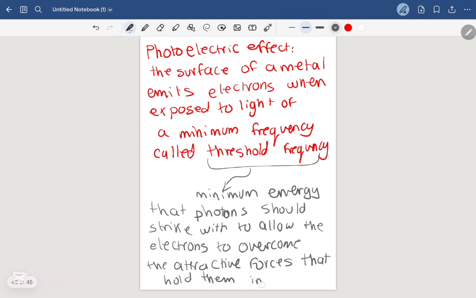So the threshold frequency is the minimum energy that photons should strike with to allow the electrons to overcome the attractive forces that hold them in the metal.